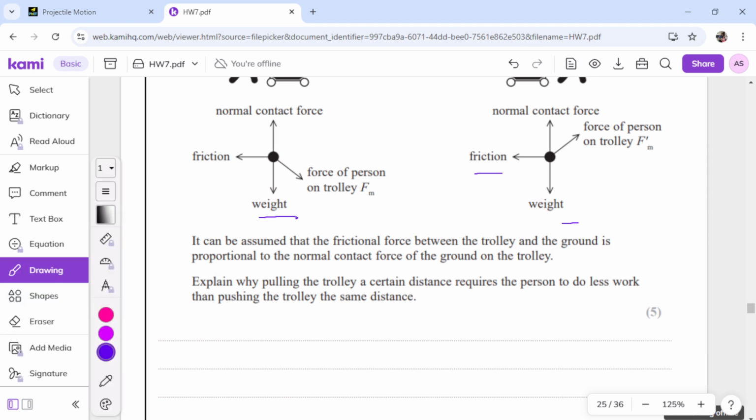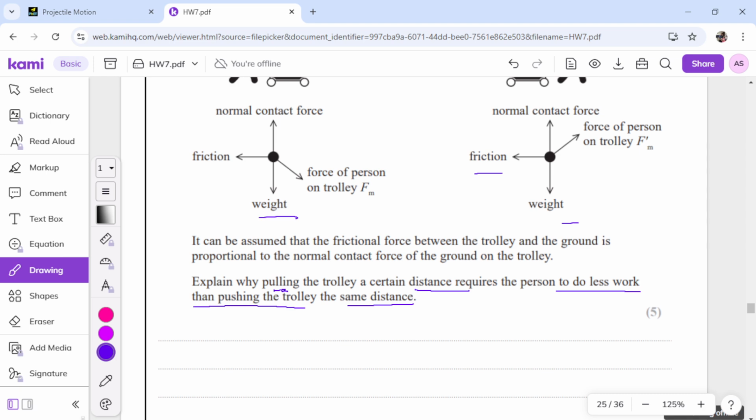He said it can be assumed that the frictional force between the trolley and the ground is proportional to the normal contact force of the ground on the trolley. Explain why pulling the trolley a certain distance requires the person to do less work than pushing the trolley the same distance. First, you have to be sure what type of work the person must do.